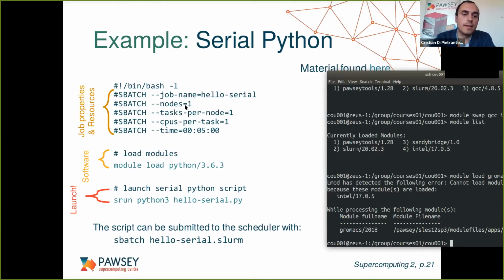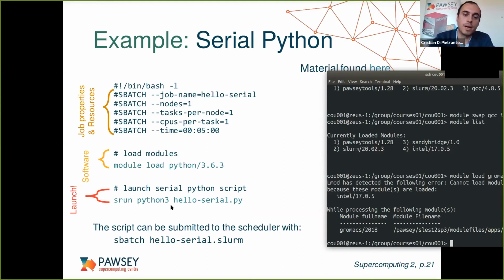Those are directives that will be interpreted by the batch command, so that it knows what resources you need to run the job. In the second part, when the actual commands start, we typically load all the software that is needed to execute your job, for example, in this case, the Python interpreter. Finally, we launch our job.